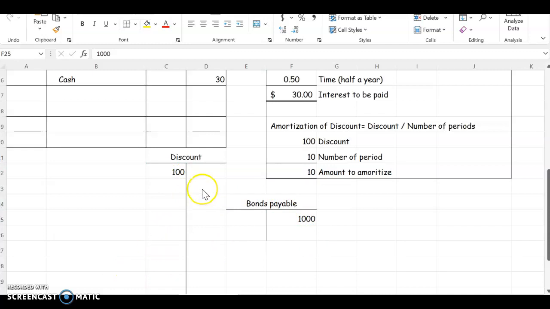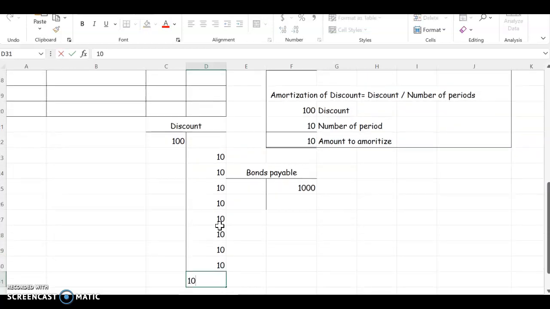In the first semi-annual interest payment period, we reduced that discount by $10, and then we did that for each of the payment periods afterwards. Remember, we had semi-annual interest payments for 5 years, so that's going to be 10 periods. 1, 2, 3, 4, 5, 1, 2, 3, 4, 5.